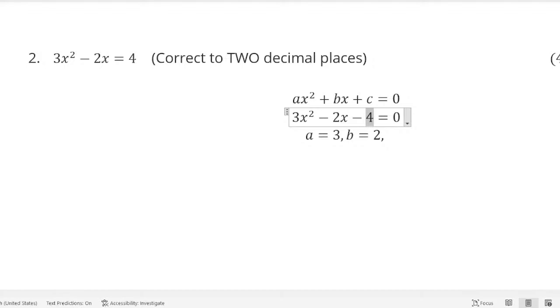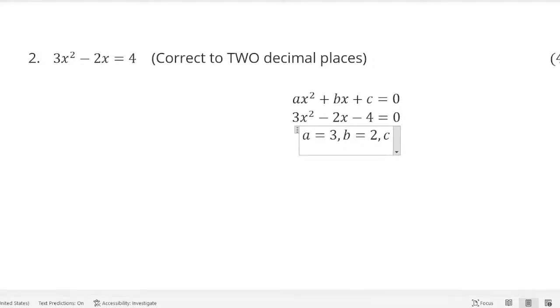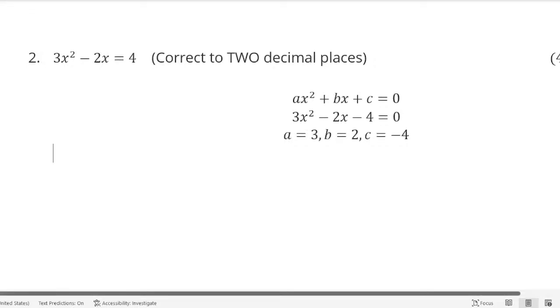So 4 is a number without x. In other words, 4 is a constant. So the value of c is -4. C is equal to -4. So now we can substitute our values of a, b, and c by using the quadratic formula.